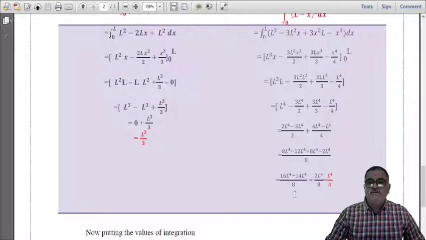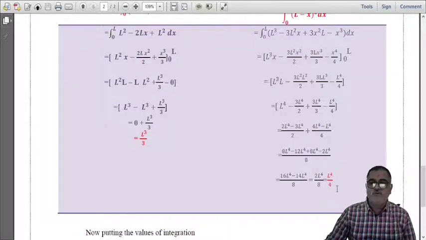And this is nothing but twice L raised to power 4 by 8, therefore L raised to power 4 by 4.